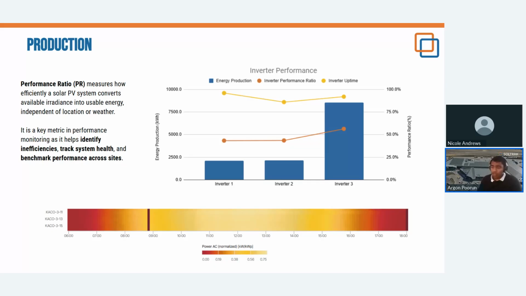What we do in SOLTRAK is we would typically have instrumentation alerts. So if an inverter is down for 2 hours or 4 hours, we are immediately alerted, and the frequency and sensitivity of those alerts are calibrated to the level of production risk.